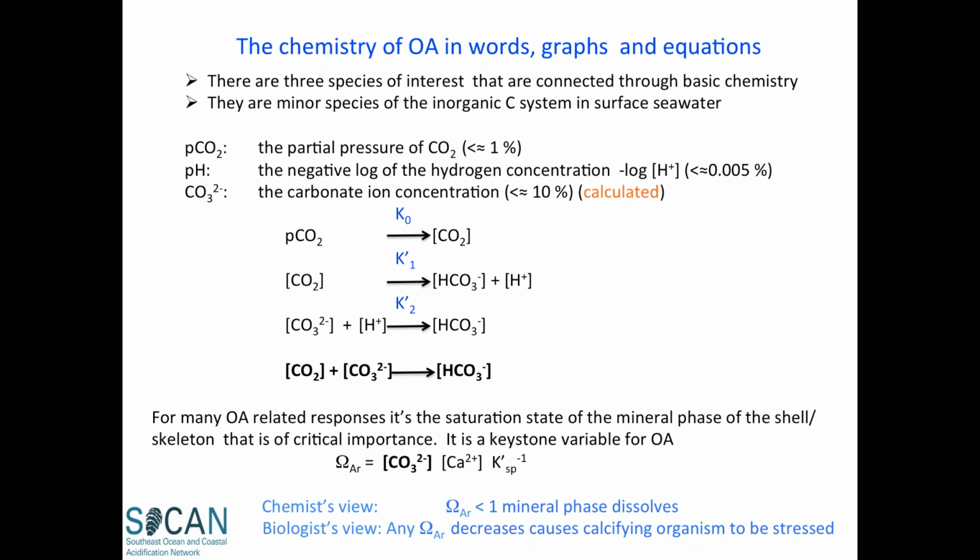So we like to talk about thresholds in ocean acidification, but a lot of it is a sliding scale: a lower saturation state will cause increasing stress on organisms, which will cascade through the food chain.